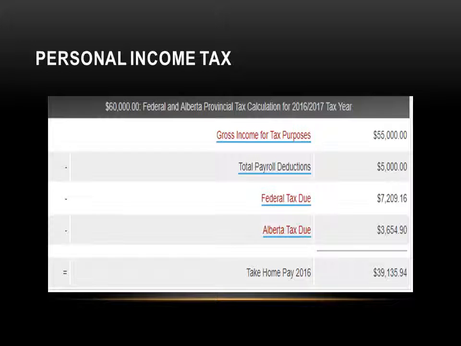The total payroll deductions are the exemptions to the computation of the tax. The third and the fourth are the federal and provincial tax due. That is the amount that needs to be paid by the individual, set by the limit and the percentage to be collected.